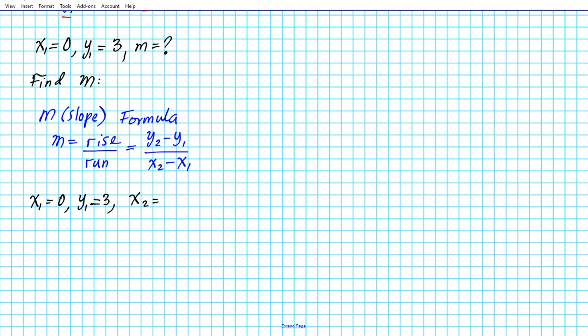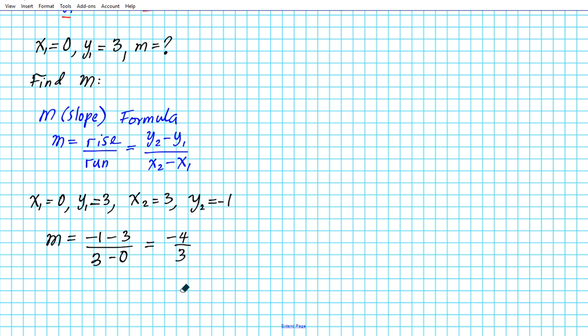So x2 is 3 and y2 is -1. So now we can find the slope. The slope m is given by y2, -1, minus y1, 3, divided by x2, 3, minus x1, which is 0. -1 minus 3, subtract, and keep the sign, -4 over 3, is your slope.